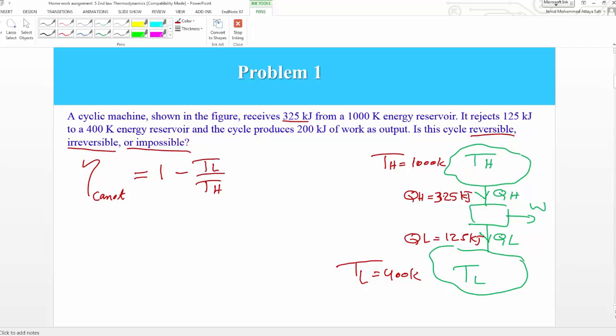Now, if you do so, you get 1 minus 400 divided by 1000, and that's going to give you 60%, right? So the efficiency of the Carnot cycle is 60%.